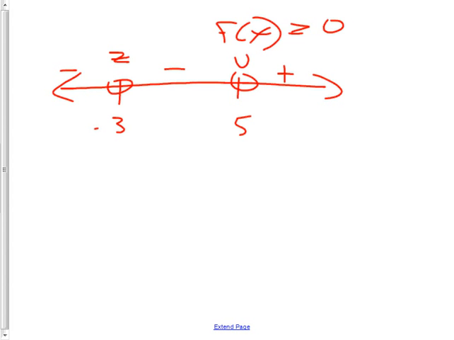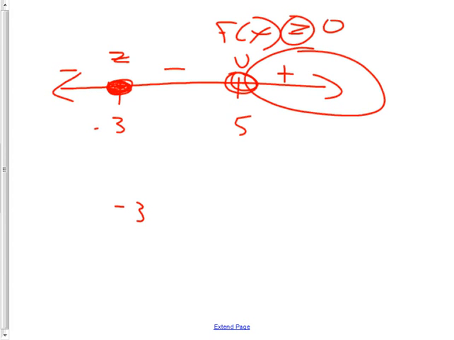Now you know that undefined spots never work, right? So this is truly empty and does not work. Well, your final answer on this one was, where is it bigger than or equal to 0? That's where it's bigger than, and that is where it's equal to 0. So you should have said -3 and 5 to infinity with a parenthesis around the 5.